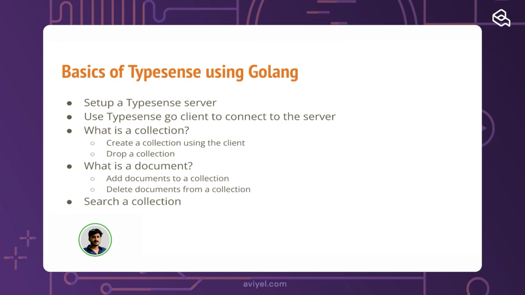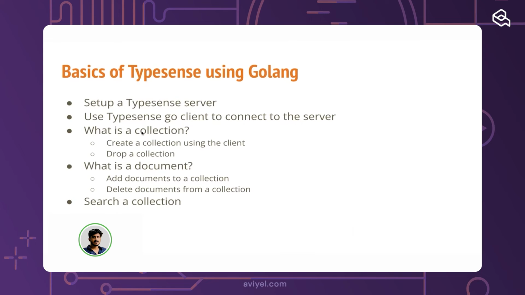A collection is a table. It's equal to the table in MySQL or PostgreSQL. Collection is the same thing in MongoDB. If you are familiar with MongoDB, then collection is straightforward, and document is also straightforward. Documents are like a row in a table. In Postgres or MySQL, a row in a table is a document, and the table itself is a collection.